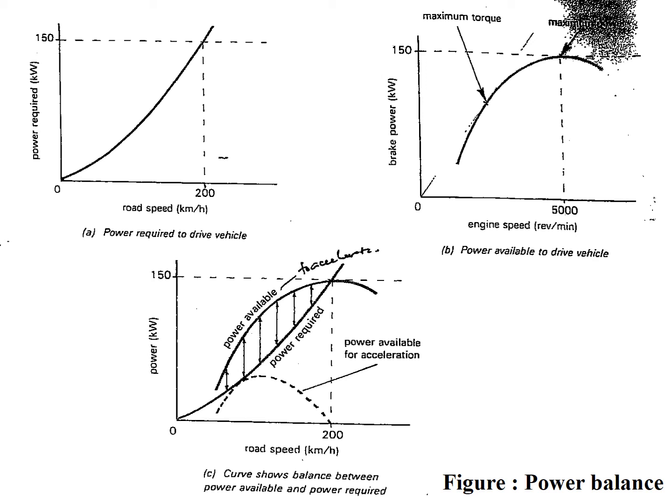Okay, we continue with the gear ratio item. We have this three graph: power required to drive vehicle, power available to drive vehicle. The curve shows the balance between power available and power required.